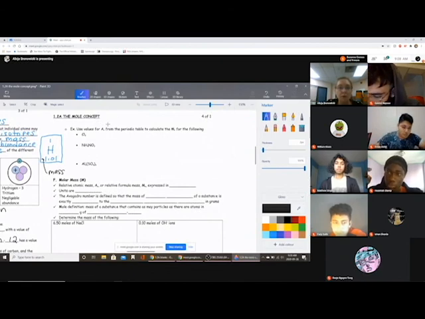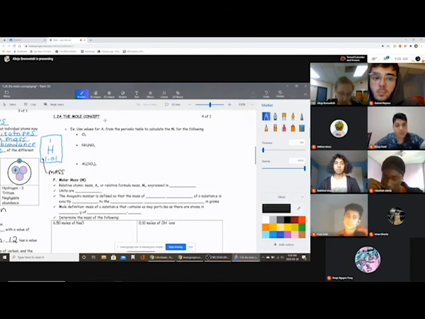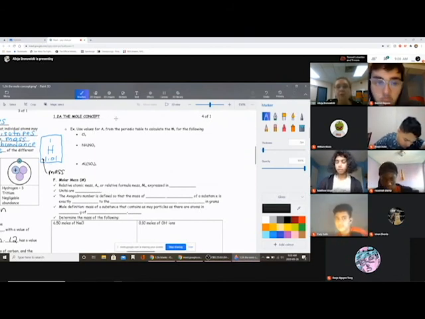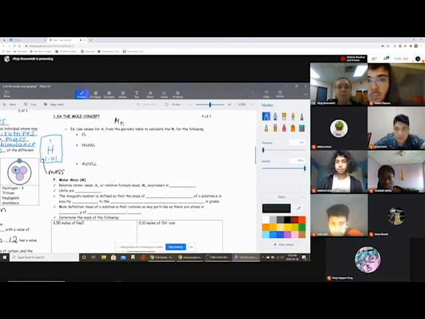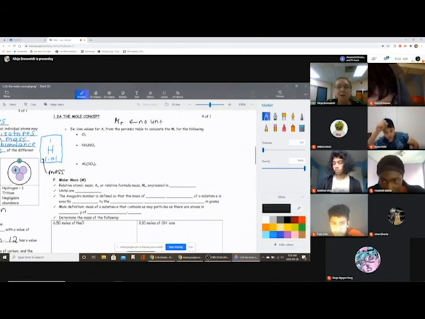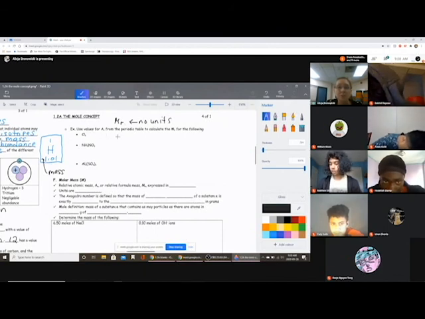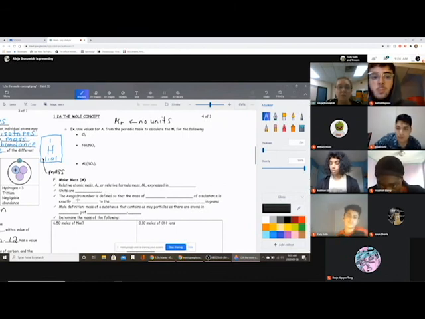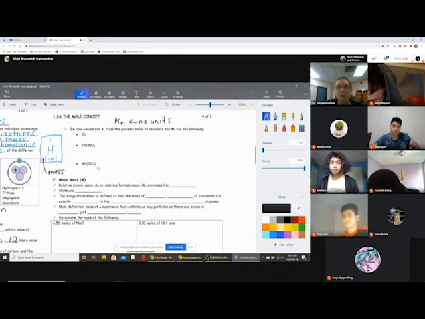Just know where I'm coming up with these values. So I want to find Mr, my relative formula mass. What you have to remember is that there are no units. So if IB asks you to calculate the Mr of something, you would calculate it, but don't put units. If you're calculating molar mass, then you have to put units. Usually when I teach this topic, I'll start with molar mass and then go back into this, but I'm just trying to stay consistent with the IB.